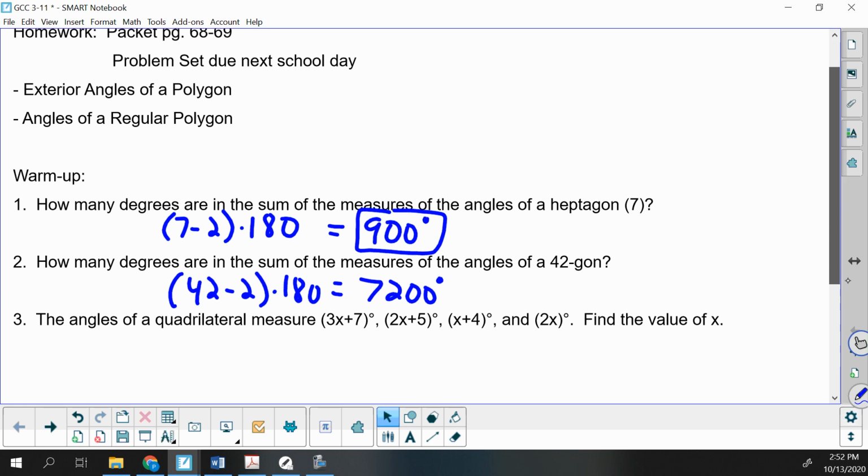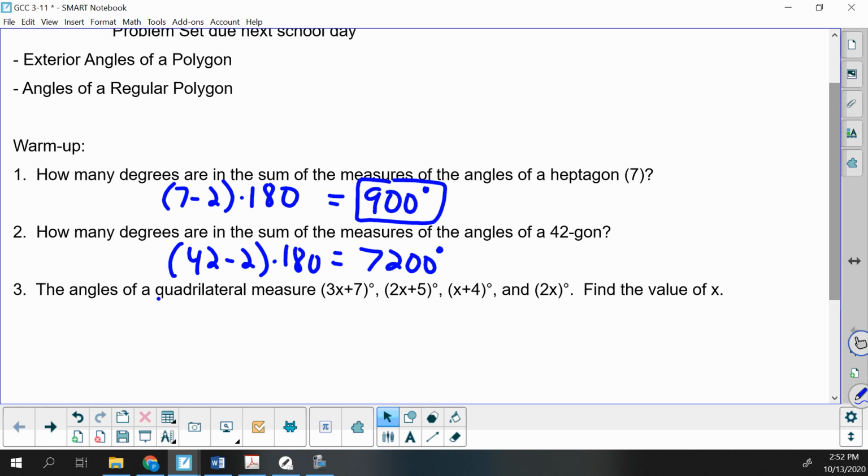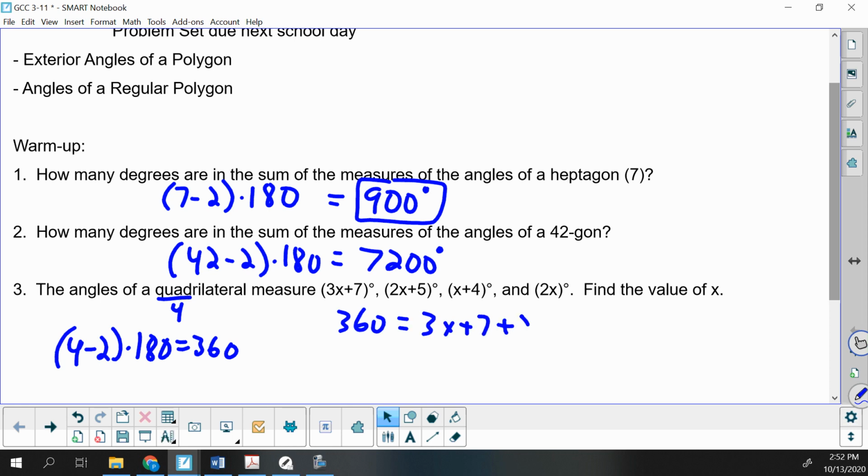And the angles of a quadrilateral, quad means 4. So if you do 4 minus 2 times 180, that'll give you 360. These are our 4 angles, so we'll do 360 equals each of those added together. Oops, not equals, but plus.